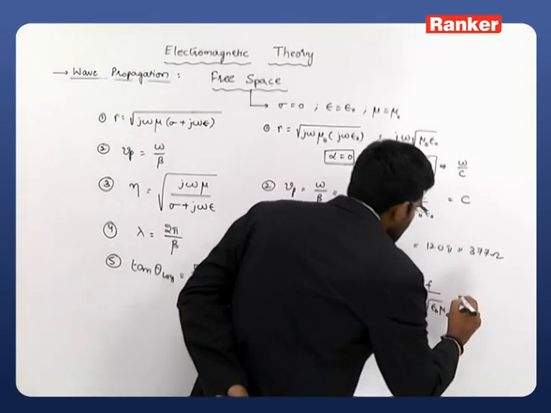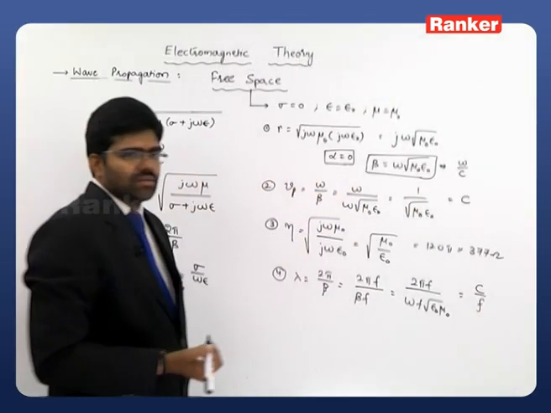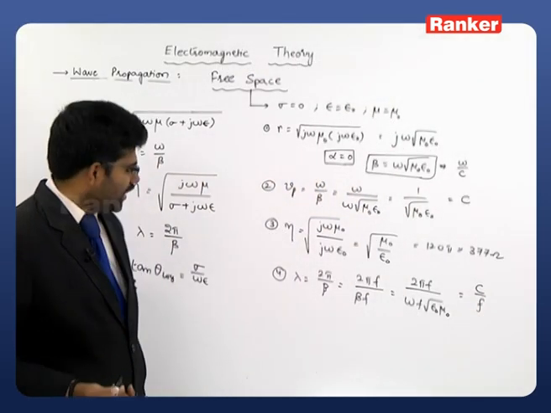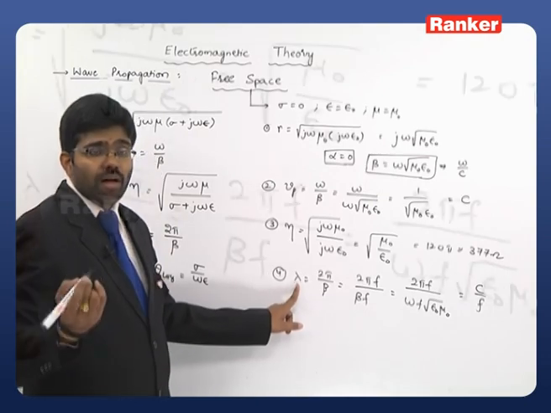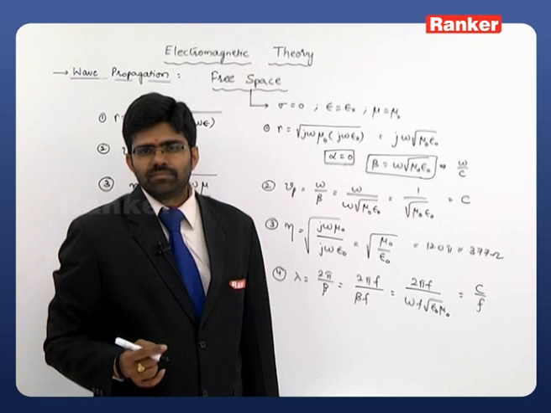So simply this can be written as c by f. That's why always remember that the wavelength in free space is equal to velocity of light divided by the frequency. A very simple relation.